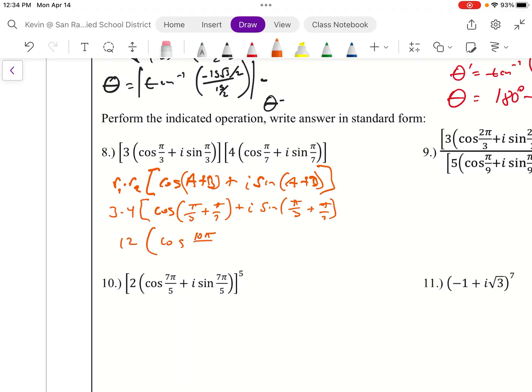Okay, so this is 12 cosine of 10 pi over 21 plus i sine of 10 pi over 21.